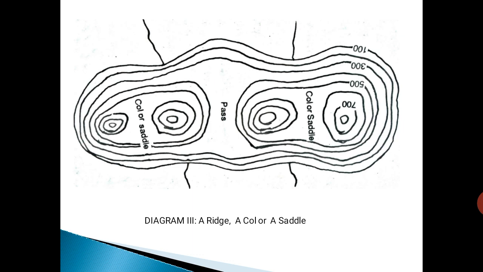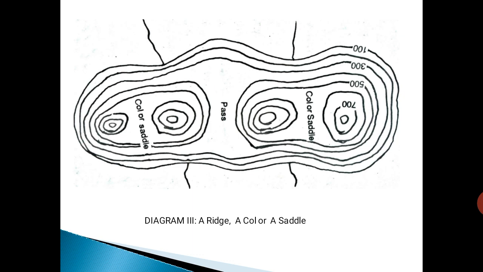Now, between that particular point, as you move towards the western axis, our left hand side of that particular feature, you see another small highland. In between the two of them is a gap, where you see a col or a saddle written.